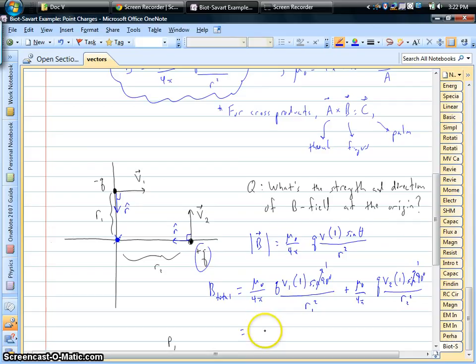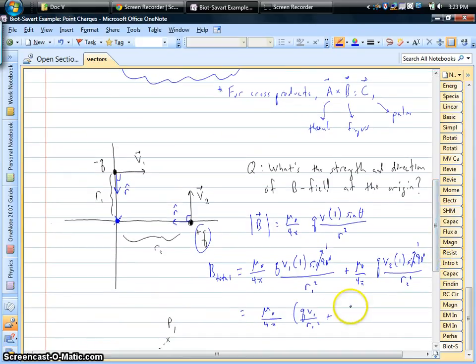And so basically what we'd have is this magnetic constant divided by 4 pi, times the charge times speed 1 over r1 squared plus the positive charge times v2 over r2 squared. And that would be the total magnetic field strength, and the direction is out of the screen.